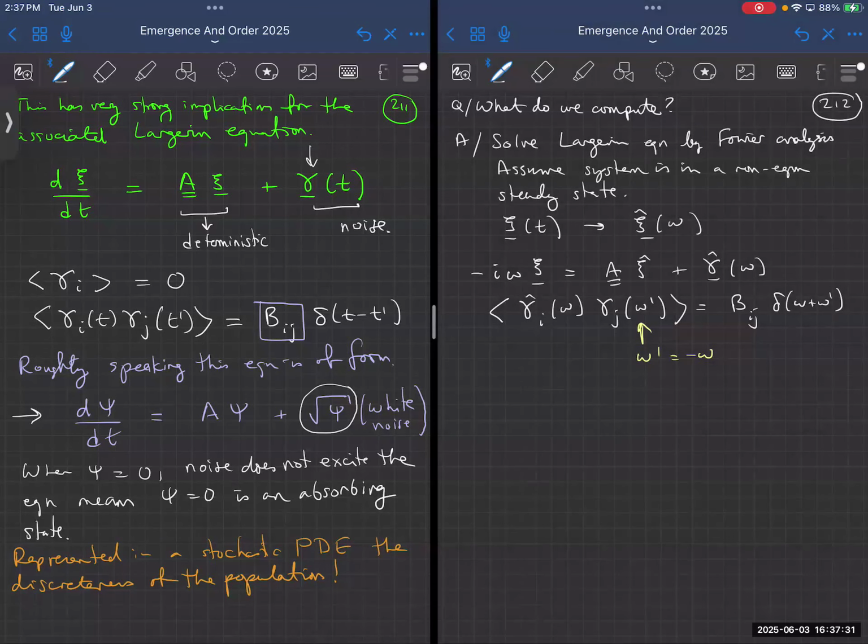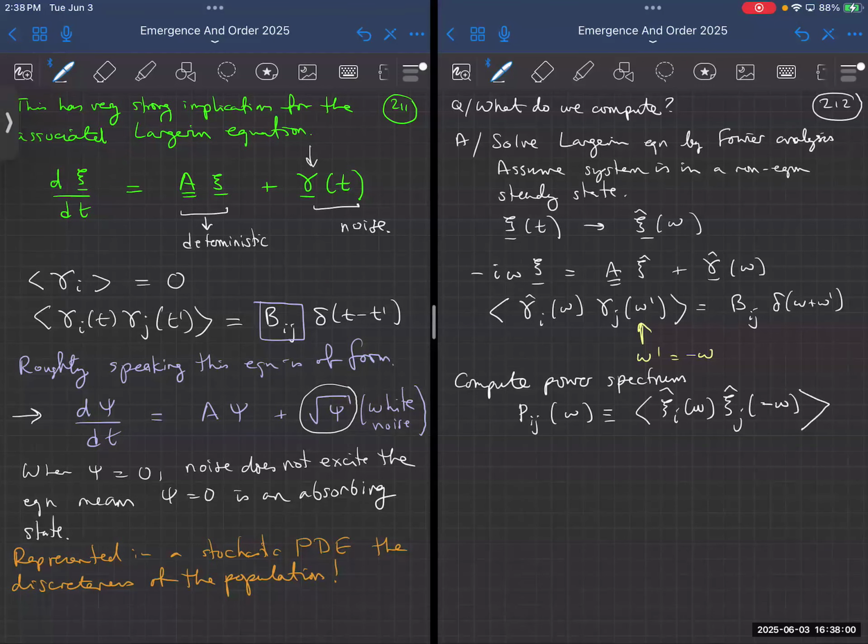So then what I want to compute is the power spectrum. What is the power spectrum? It's basically an autocorrelation function in time. I'm going to define it like this: P_ij of omega is equal to the average of psi_i hat of omega times psi_j hat of minus omega. That's the power spectrum. And notice that my variable is real.